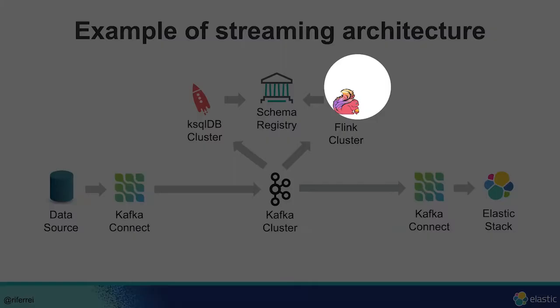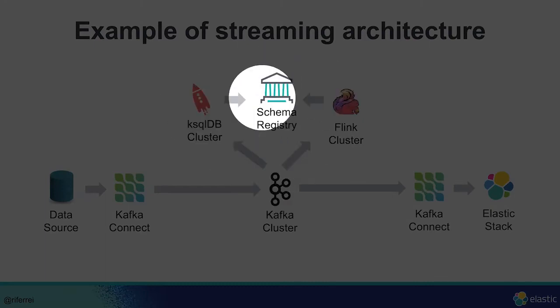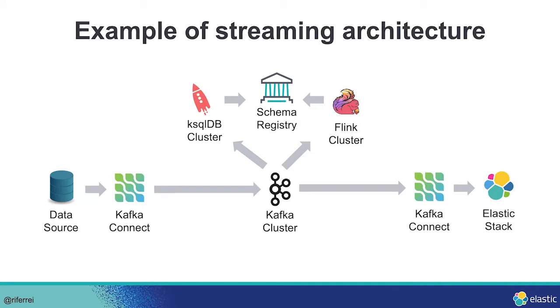And in order to handle data, they would need to leverage this entity. This is more like a design pattern than actually a technology, but we call it the schema registry. A schema registry is basically an entity that can govern how the schemas and the mappings for your data will take place.